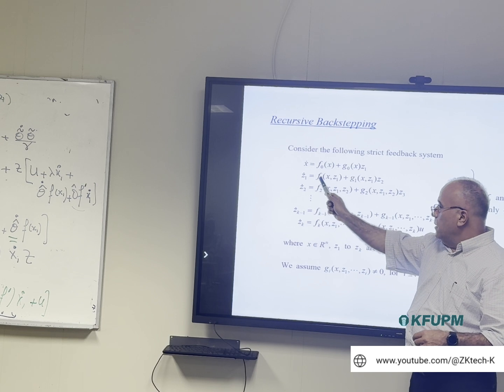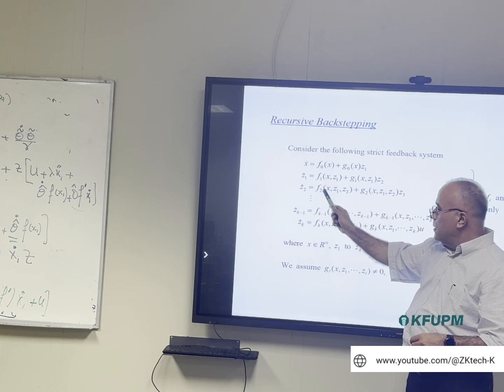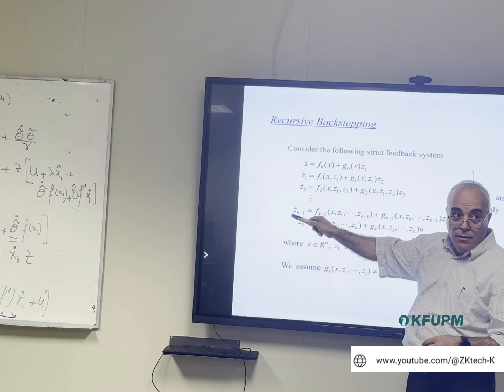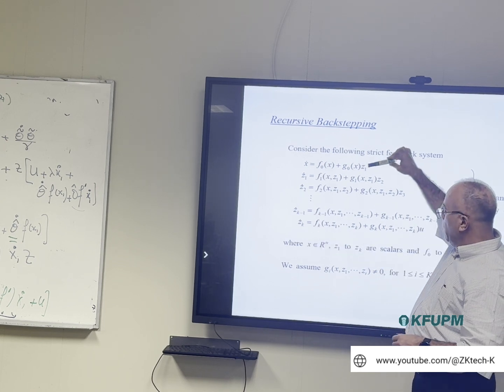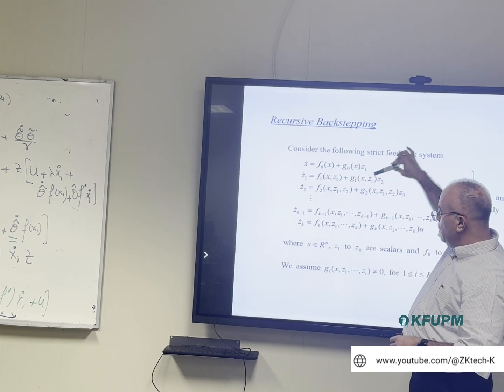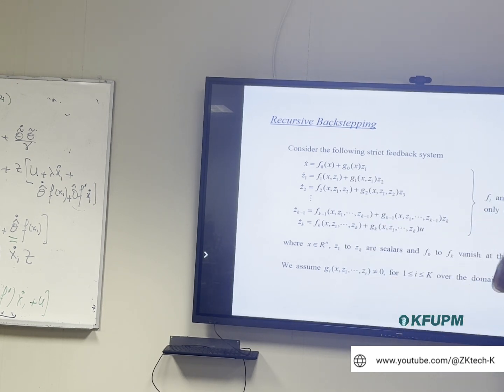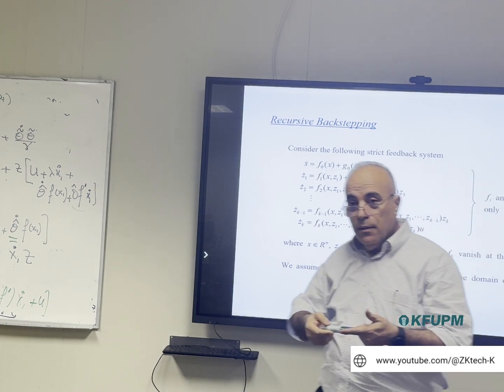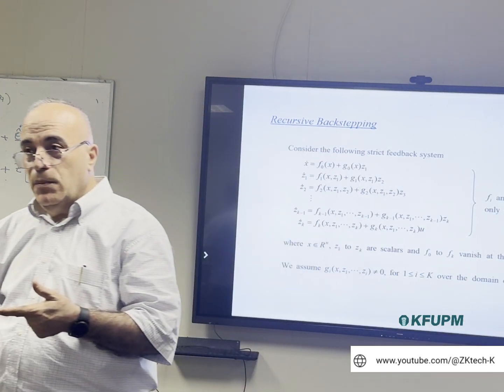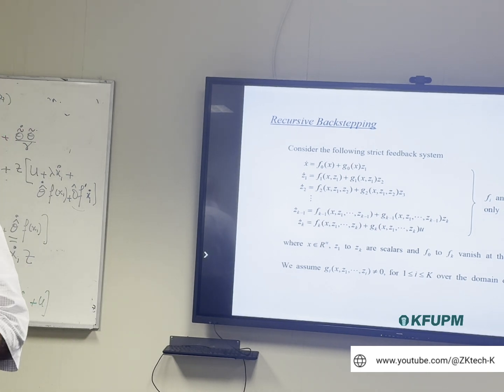The second state can be a function of the first, but it's a function only of the next one, not the one after. So each time you are able to use one of the states as an input for you as a control, until you reach the last equation. Each time you define the Lyapunov function, and then you try to find what should be the input for you there. In this example, I used integral backstepping, which means that the last state is dot equal to u. But it could be any other general function, like this one that we have here.